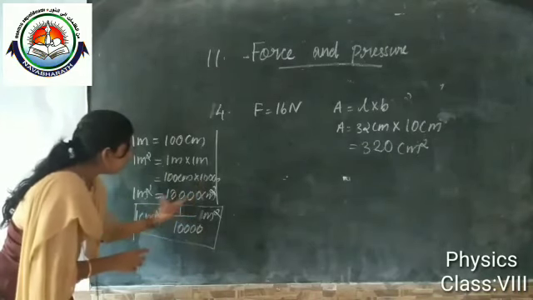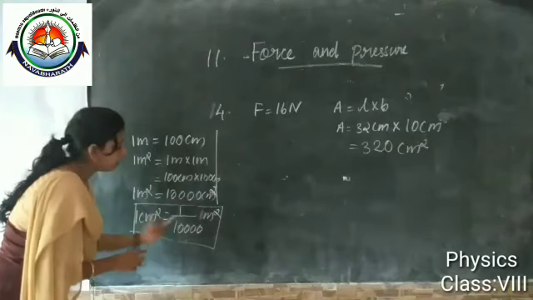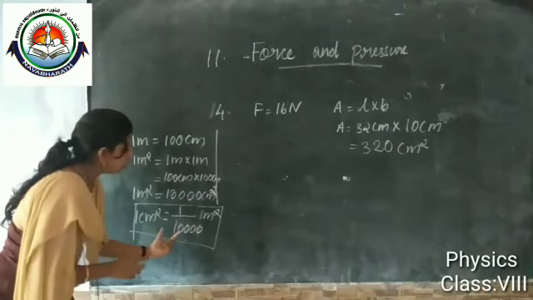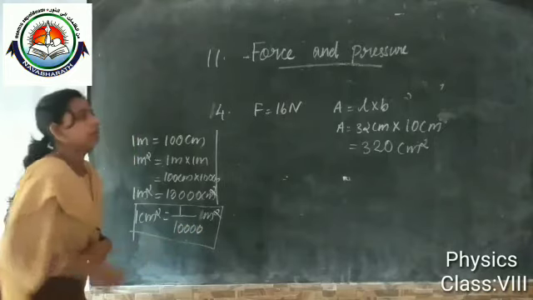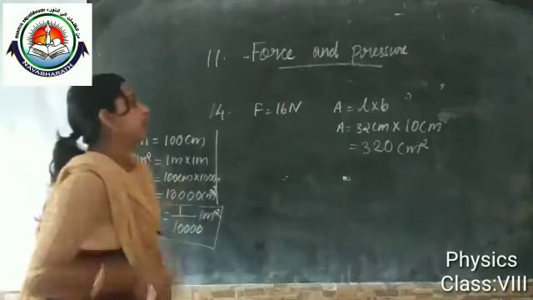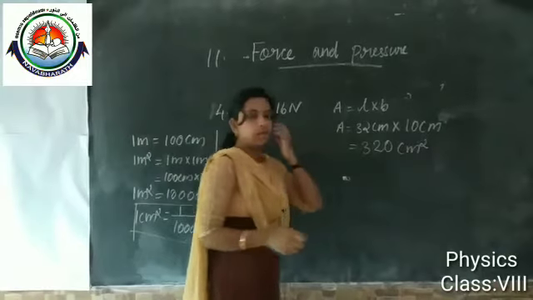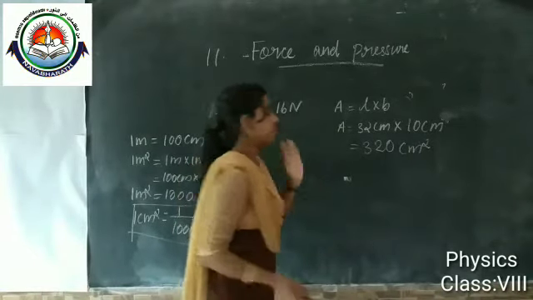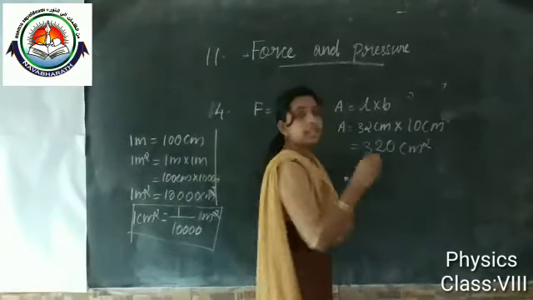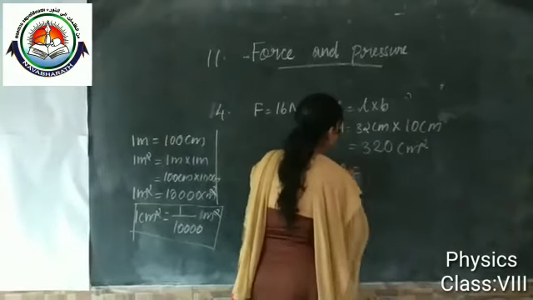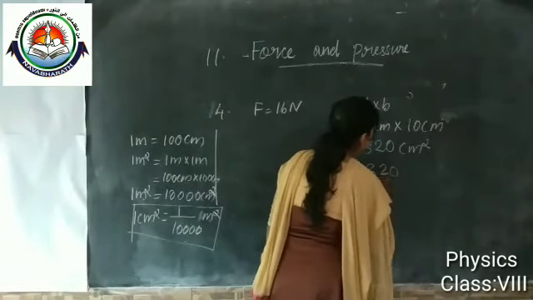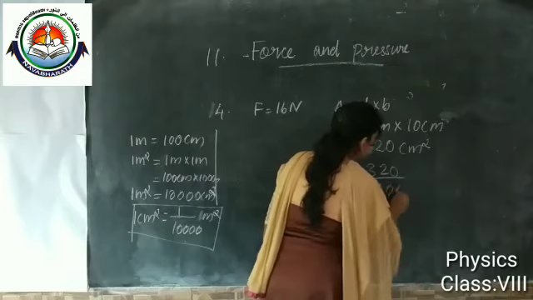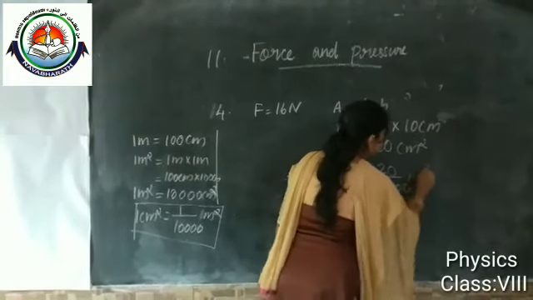Then this numerator comes to this side as a denominator. So 1 by 10,000 meter square. So we have to convert it into meter square by dividing by 10,000. Then area is equal to 320 divided by 10,000 meter square.